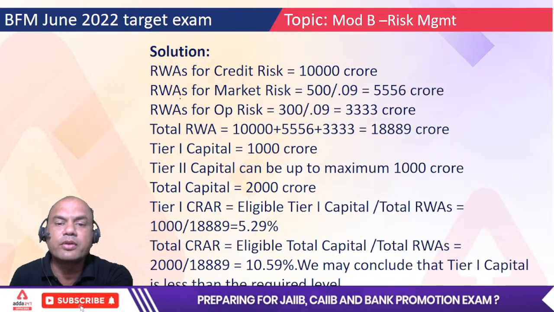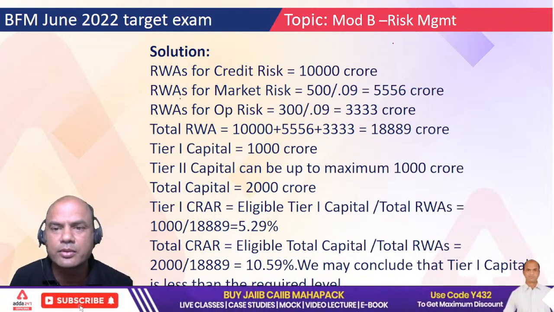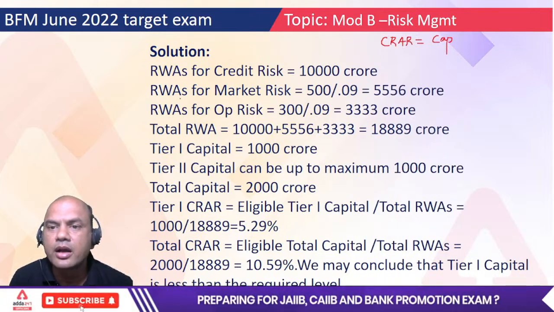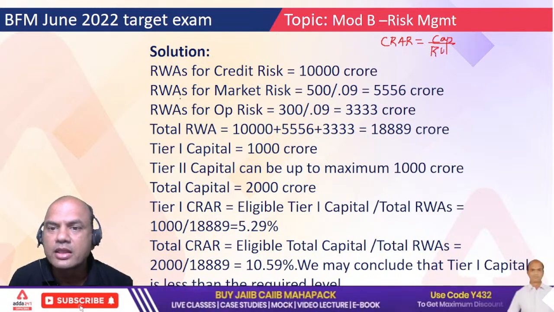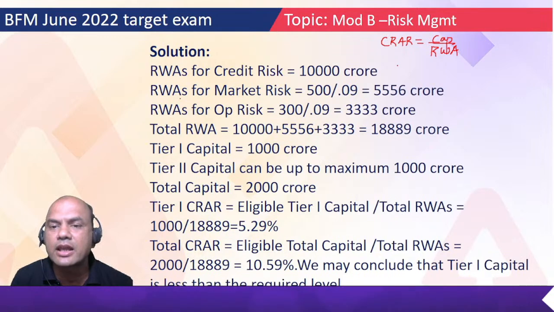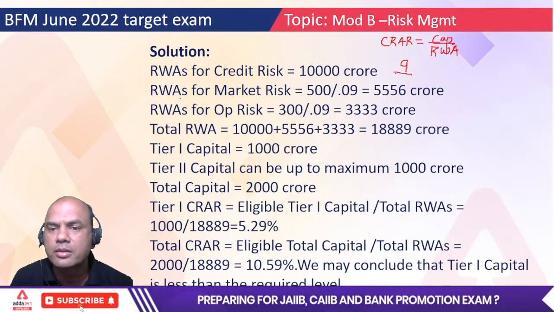How to do that? Let's see. The formula for this is again simple. CRAR, use the same formula. Never change the formula. CRAR equals capital upon RWA. Now we want to find only for market, so apply this only for market. But CRAR remains the same, so 9%, 9 upon 100. Percent means 100.